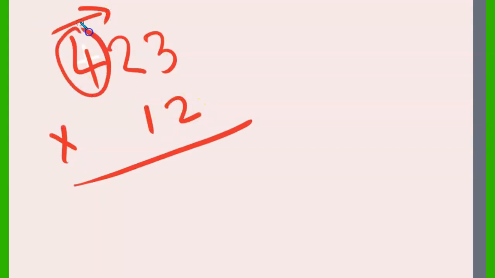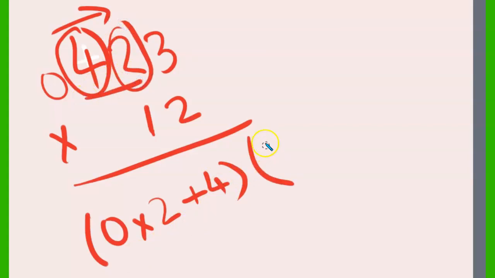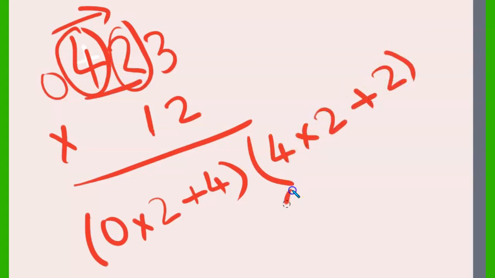So we take 2, and then what we do is think of 0 as the first digit, and so we multiply 0 times 2 plus 4 as the left digit. Then we take the two digits 4, 2, and multiply 4 times 2 plus 2, and then we have the next two digits, which is 2 and 3.